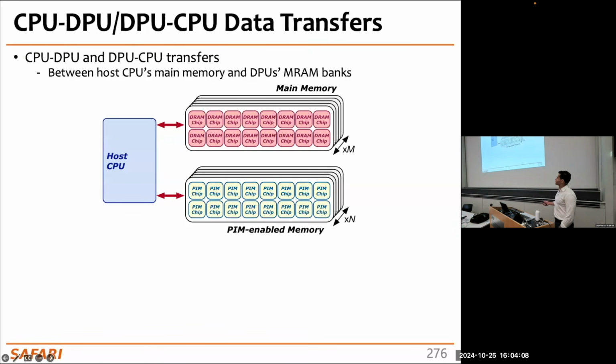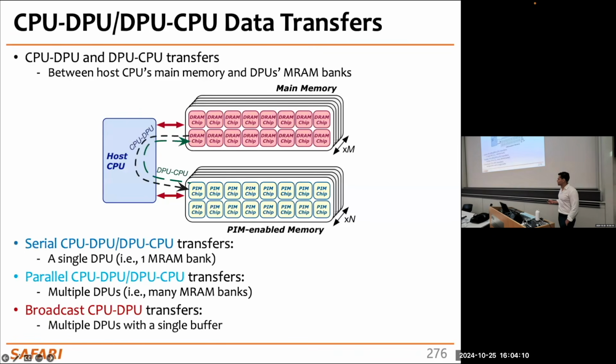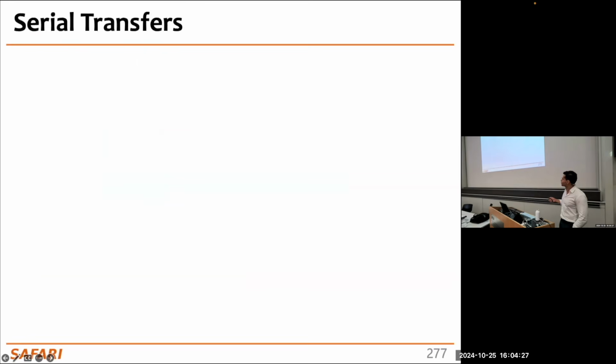So the data transfer that I mentioned, right? In the main presentation, I mentioned that there are three different data transfers: serial to copy data to one single DPU, parallel to copy chunks of data to many DPUs, and broadcast, which copies a single piece of data to multiple DPUs as well.